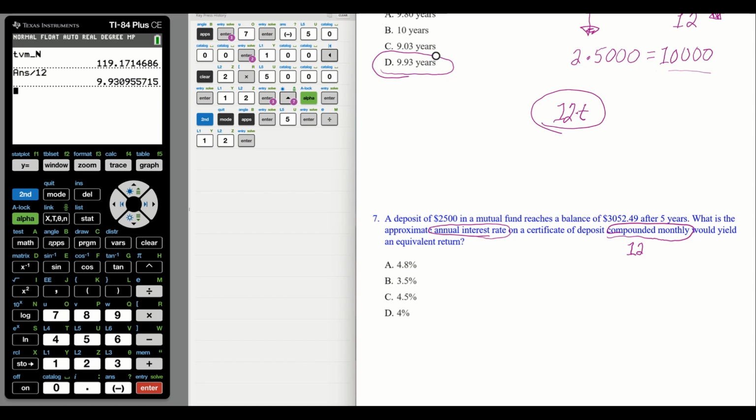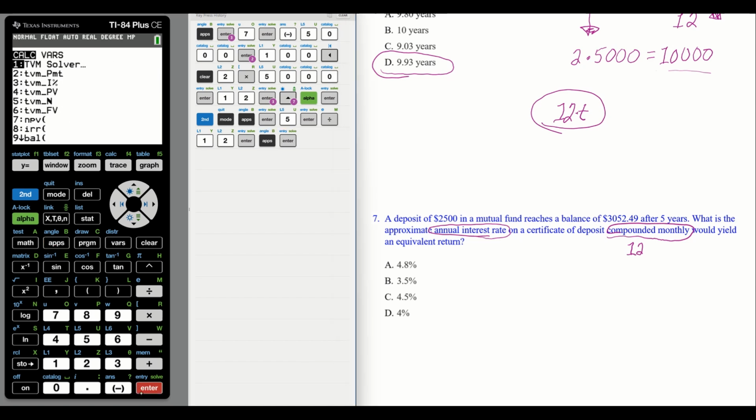Let's go ahead and open up our app. All right, go to our solver. Okay, what is our N? 5 years. So push your 5 in there and enter. Percentage, we need to put a 0 in because we're looking for it. Now, remember, you need to put a negative in. So let's put our negative in for our $2,500. Remember, either present or future value must have a negative.